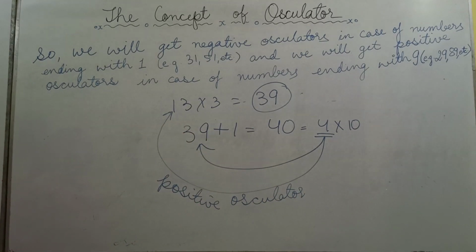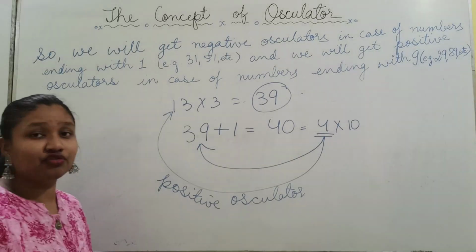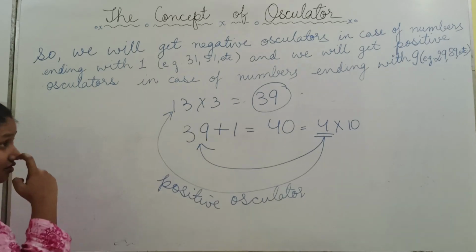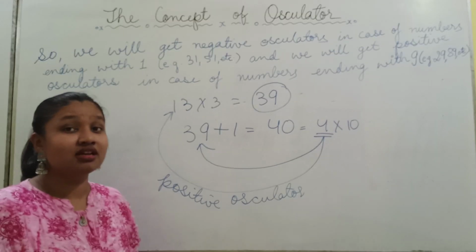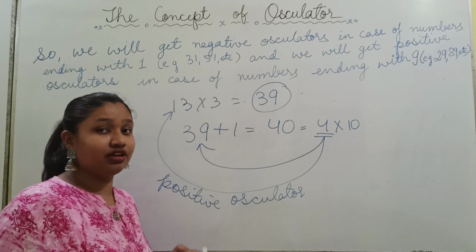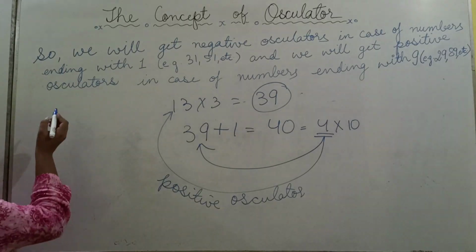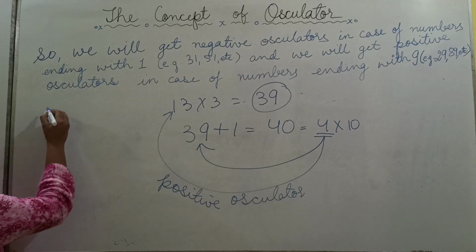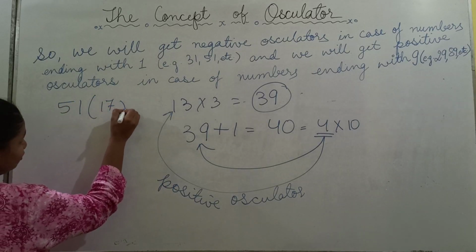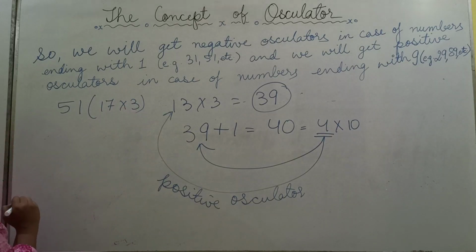Okay. Similarly, if we have to find the osculator of 17, we will have to find the smallest multiple of 17 which ends in either 1 or 9, and that smallest multiple would be 51, which is 17 into 3 equals 51.